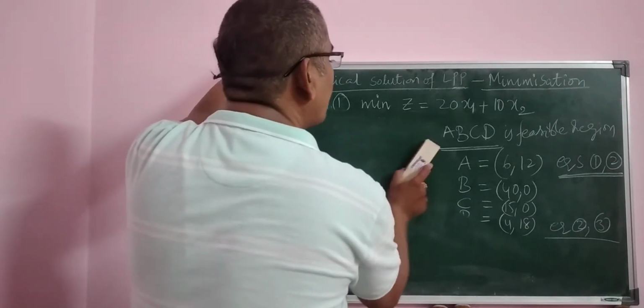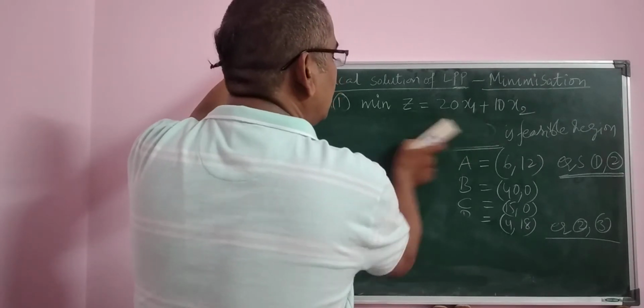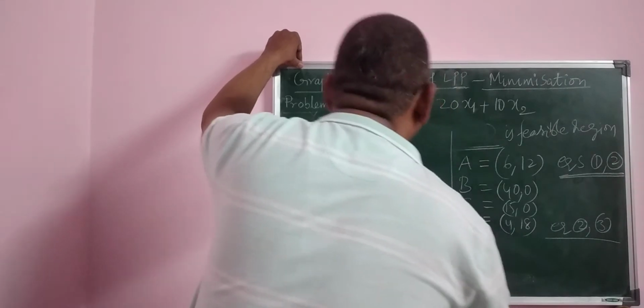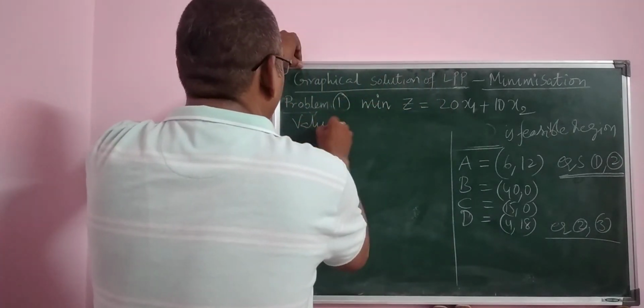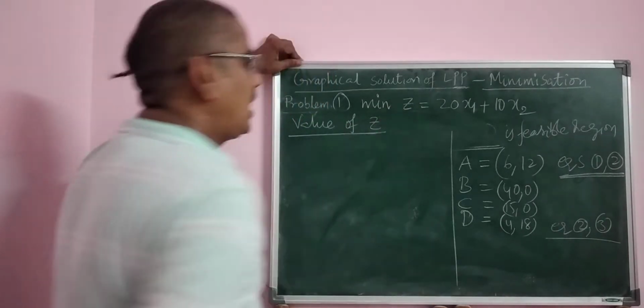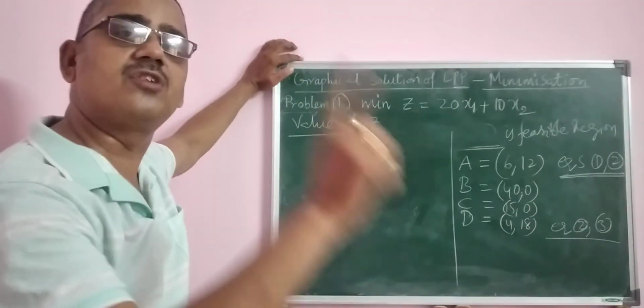Now it is required to calculate the value of z at each and every corner point. So the next important point is the calculation of z. You put a heading, calculation of z.